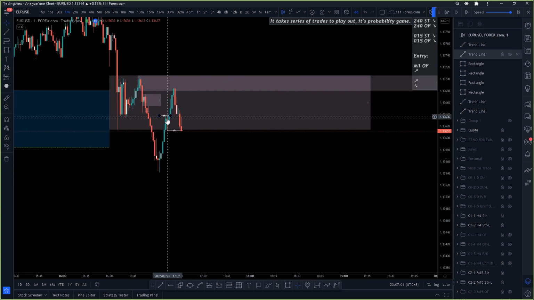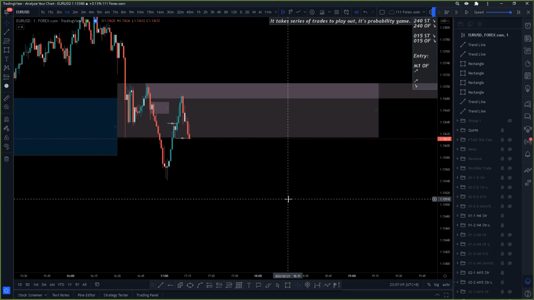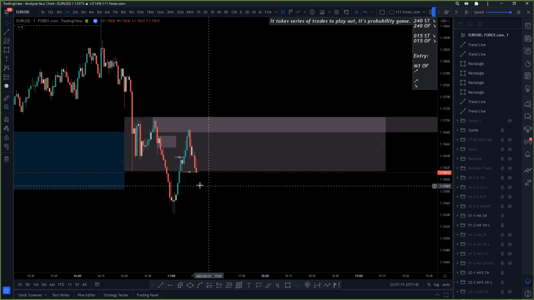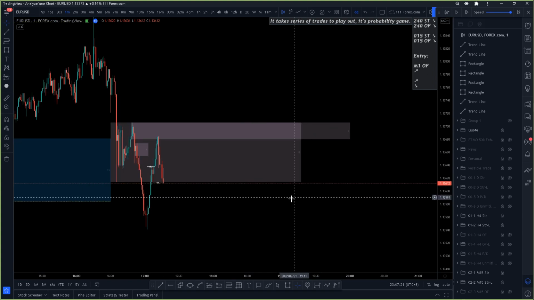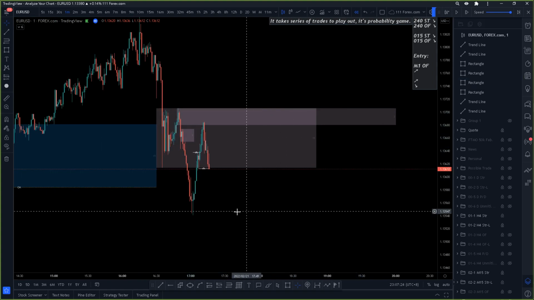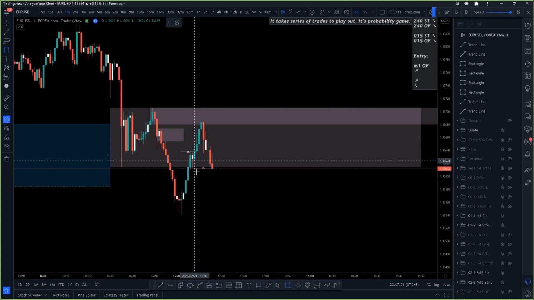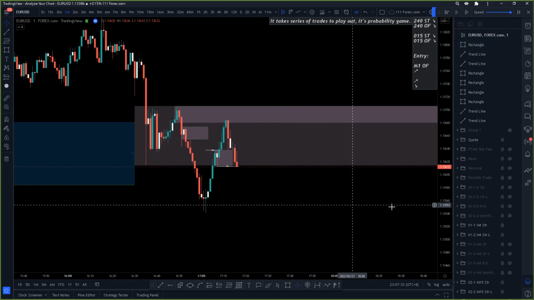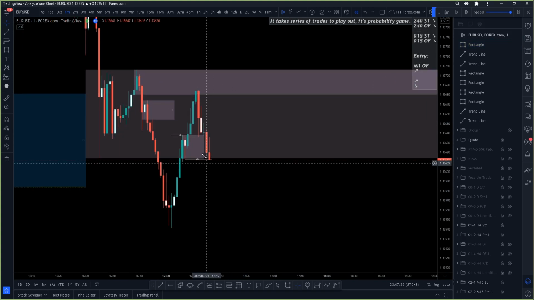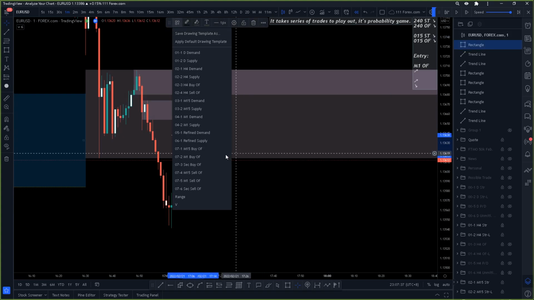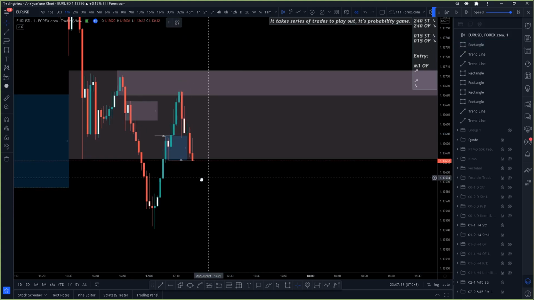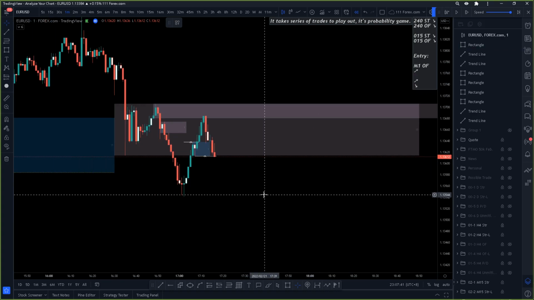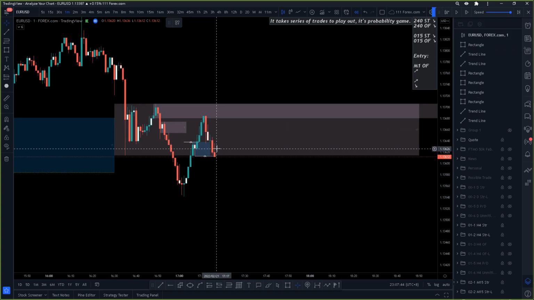So when price tap back, it may go from there. M1 buy order flow and M1 sell order flow.